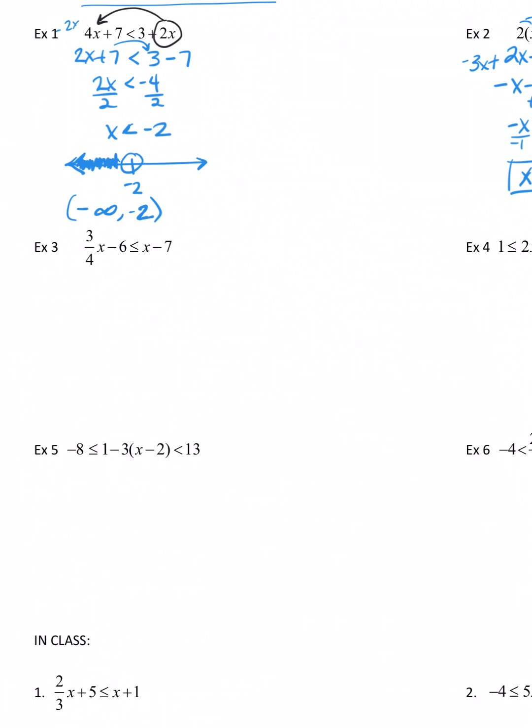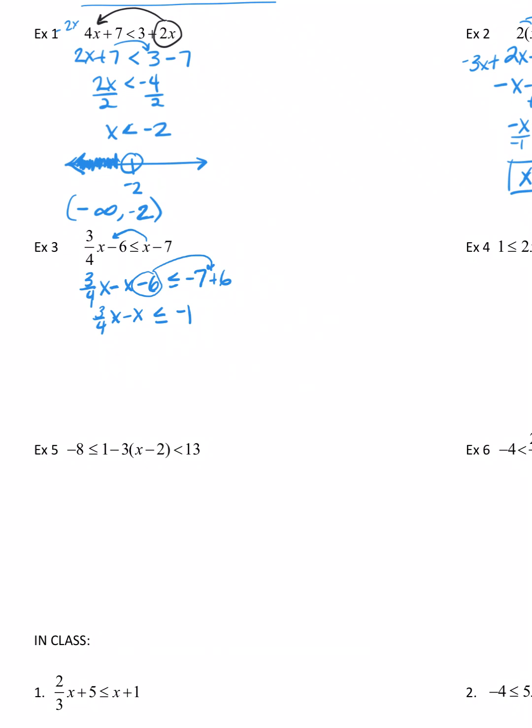Let's isolate these variables. Let's get those together first. Okay, so I'm going to move that x over. So 3/4 x minus 6 is less than or equal to negative 7. I'm going to move the constant over here, add the 6. So 3/4 x minus x is less than or equal to a negative 1.